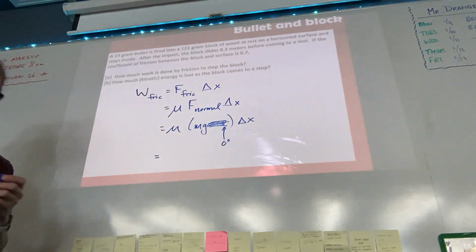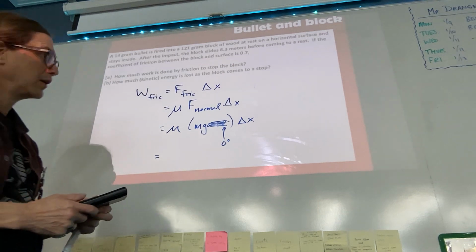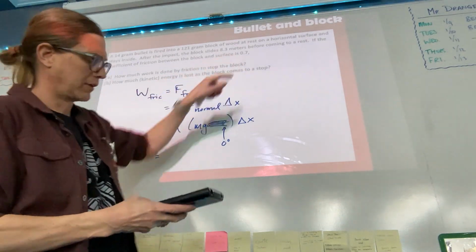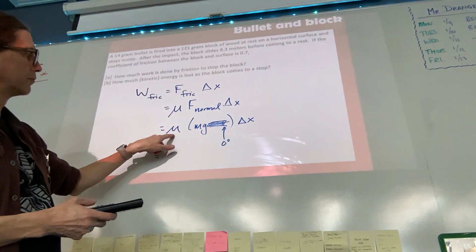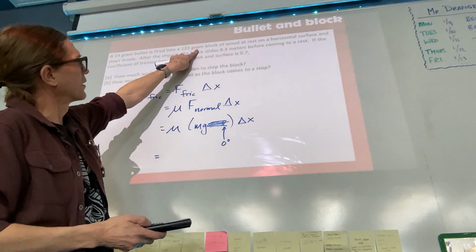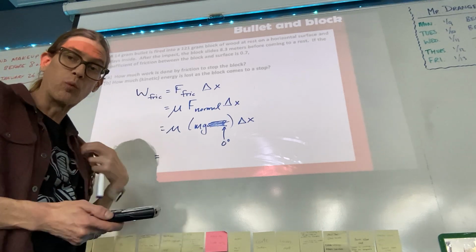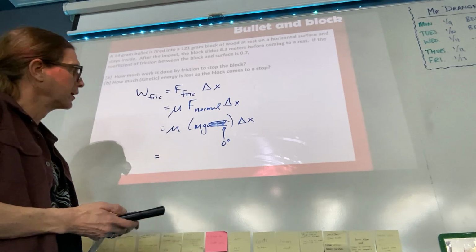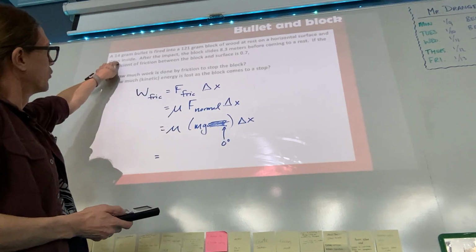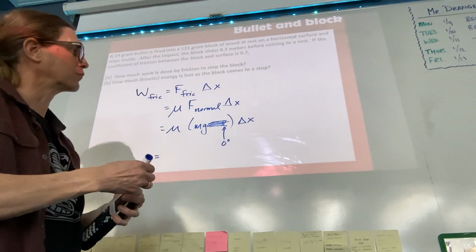And if we work through this, we have this mu of 0.7. The mass of the block is 121 grams. That's 0.121 kilograms. And the mass of the bullet is 14 grams. That's 0.014 kilograms.